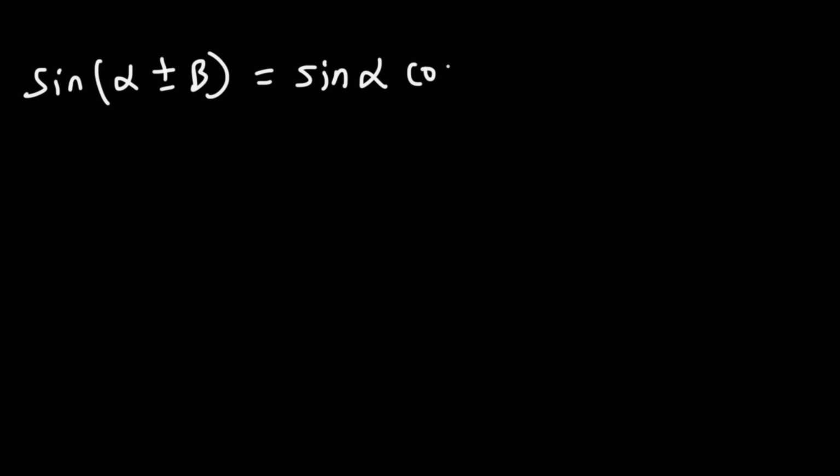Now the next thing we're going to talk about are the sum and difference identities. So here we go. Sine alpha plus or minus beta is going to be equal to sine alpha cosine beta plus or minus cosine alpha sine beta.